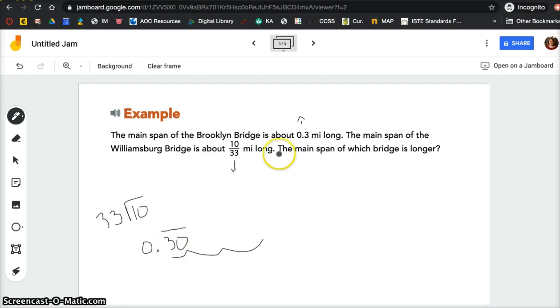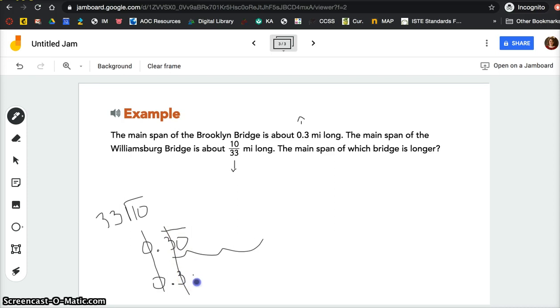So now we need to ask ourselves, which is longer, 0.3 repeating or 0.30 repeating? And if we look at this, we always compare place value to place value. So zeros are the same, the 3's are the same.